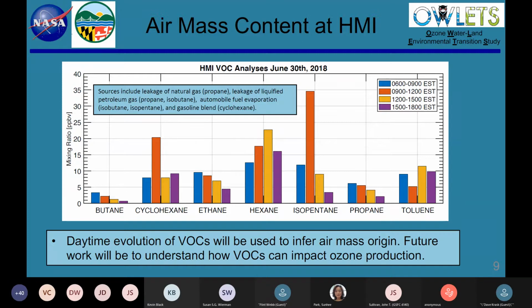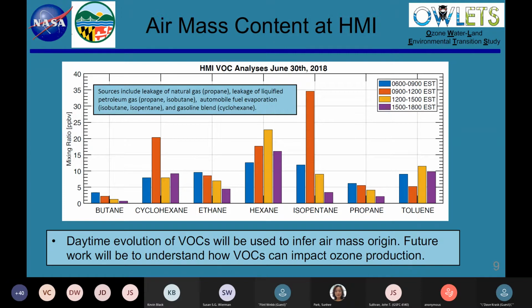So I know we were also deploying VOC grab samples in 3-hour increments to help characterize the air mass throughout the day. I believe Joel may be focusing a little more on this in his slides, so I won't spend a ton of time looking at this, but it is interesting that the colors here indicate the time of day during those grab samples.